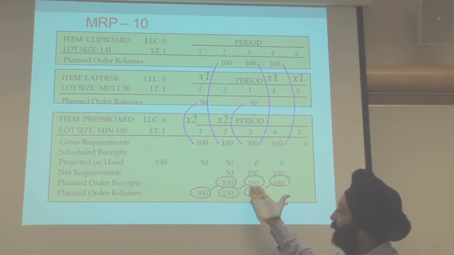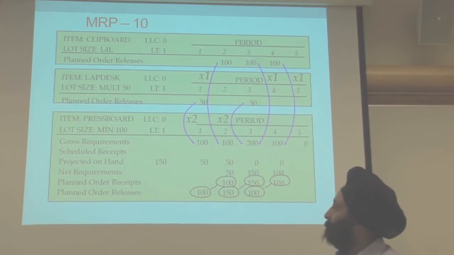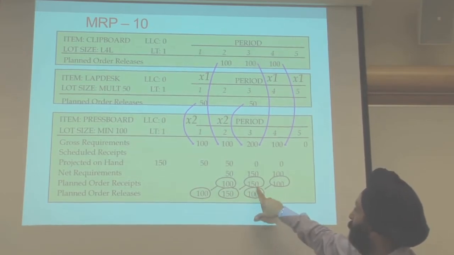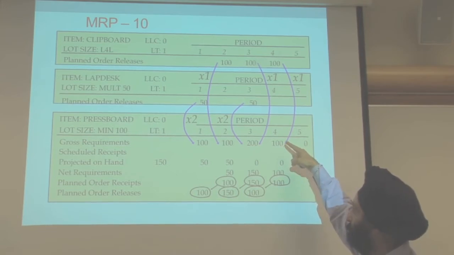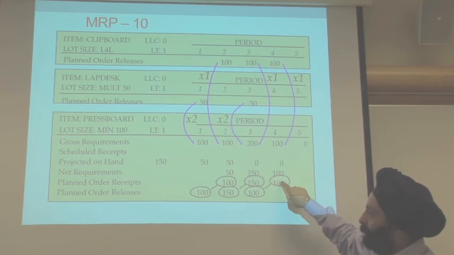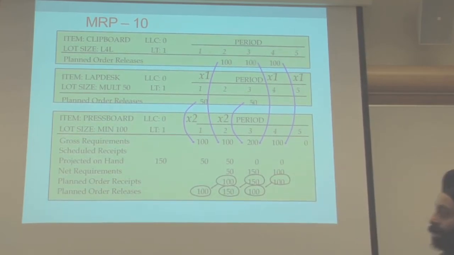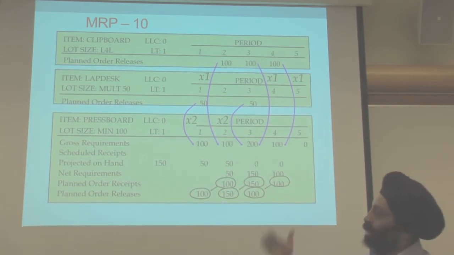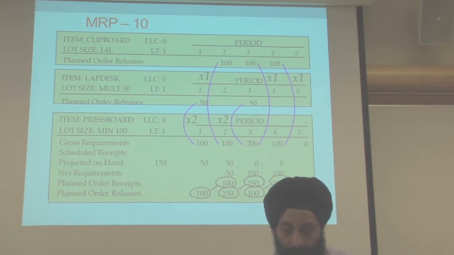If we need to receive it in period 3, you need to release that order in period 2, and then you are left with projected on hand of 0. So now you have a gross requirement of 100. That means net requirement of 100. We plan on receiving 100 in period 4, which means release the order of 100 in period 3. So that's pretty much how that information is moved forward.